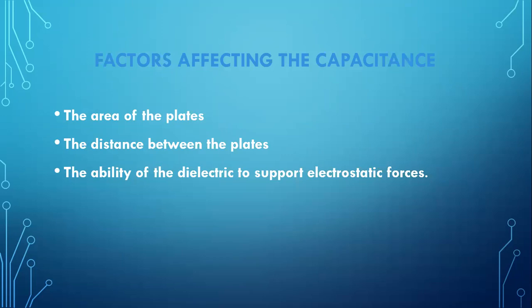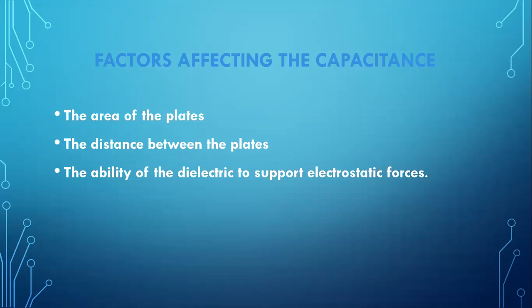The area that covers the plates determines the amount of stored charge, which is proportional to the area of the plates. If the area of the plates is small, then the capacitance will be small. If the area is large, the capacitance will also be large.